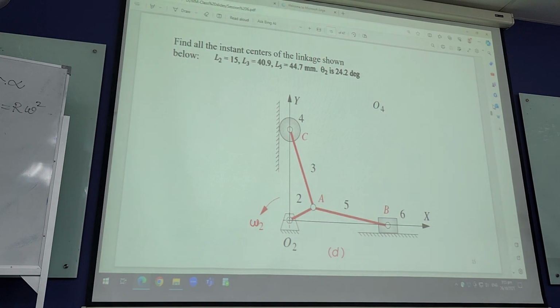So no need to draw to scale. You can just approximately draw, but make sure the shape is maintained.